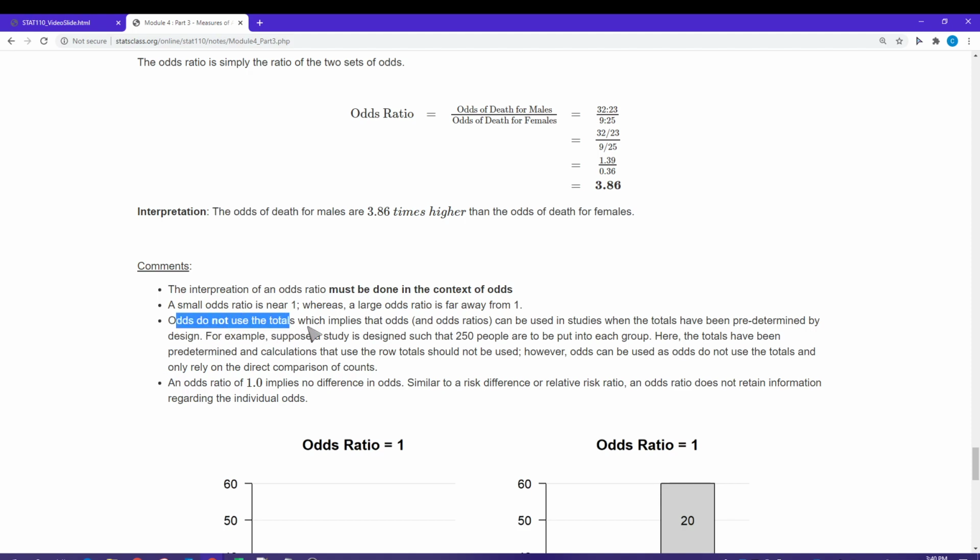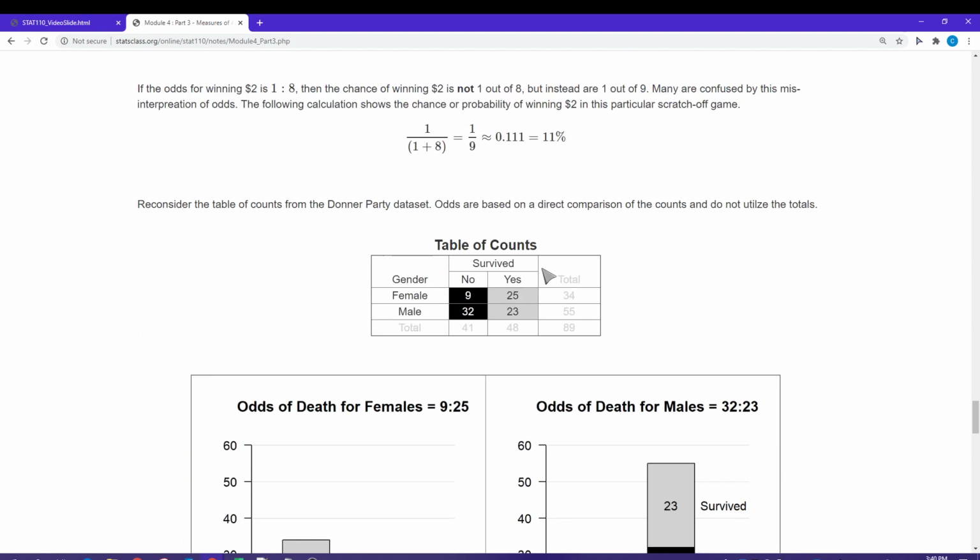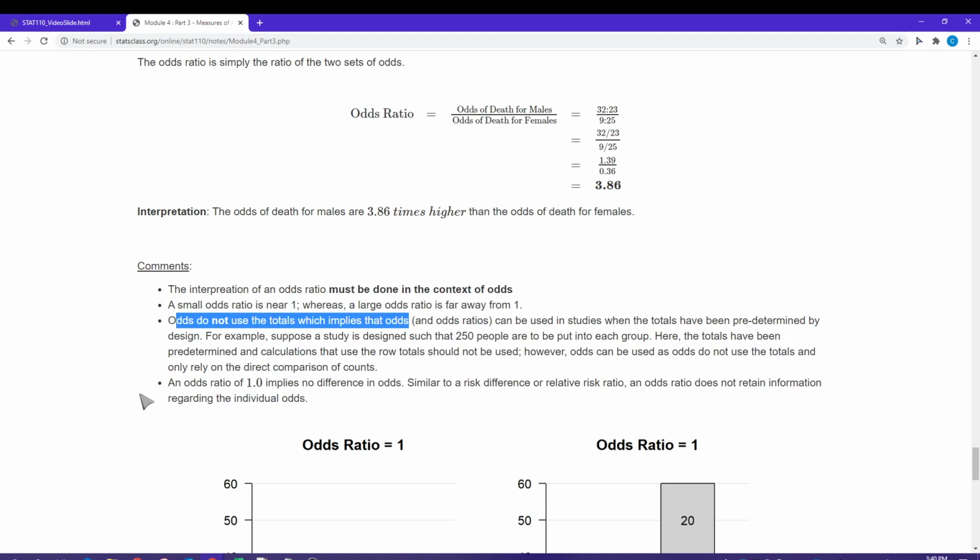Odds do not use the totals. When I did my odds comparison here, I'm looking at these numbers directly compared to these. I'm not using the totals at all when I'm computing an odds ratio. What that means is they can be used in studies where the totals have been predetermined by design. So for example, suppose a study is designed such that 250 are put into each group.